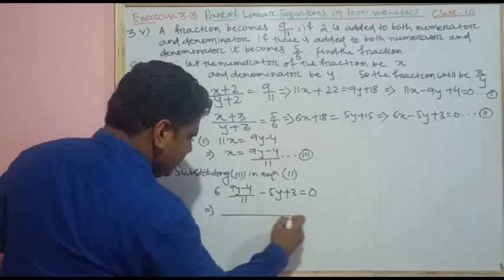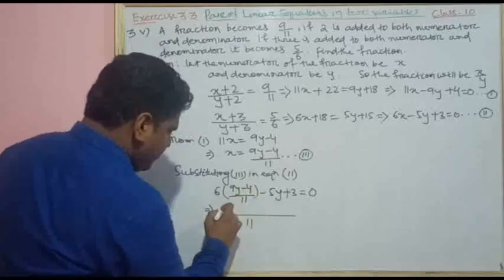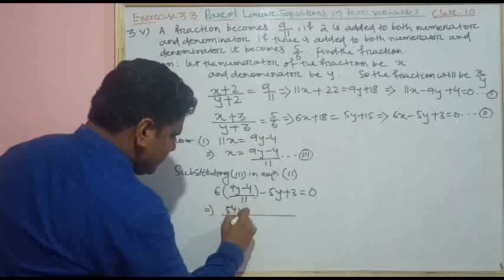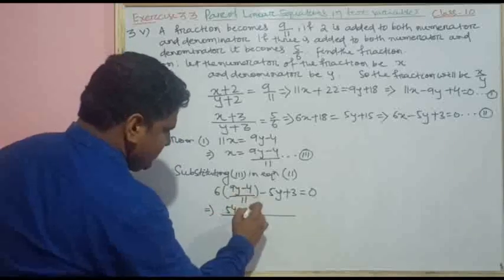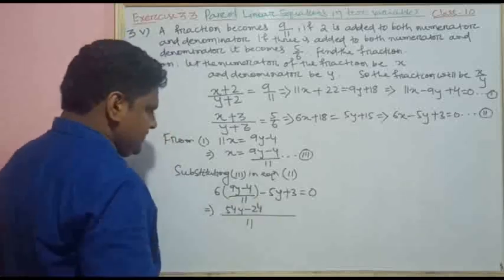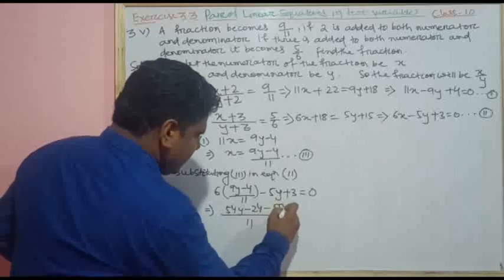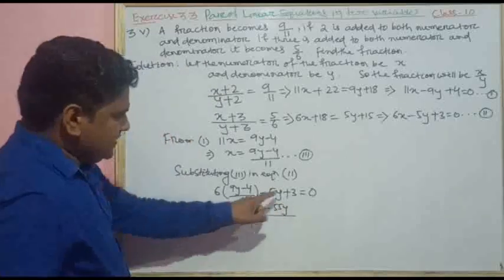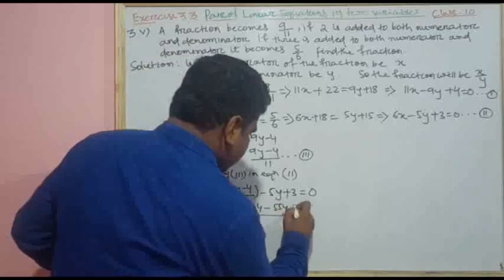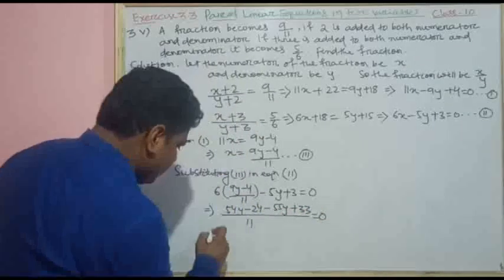This implies that the LCM will be 11. 6 into 9y is 54y, minus 6 into 4 is 24. When 11 is multiplied on this, it will be minus 55y, and 11 multiplied with 3 will be 33, equal to 0.